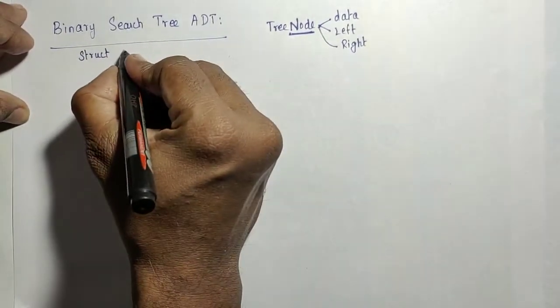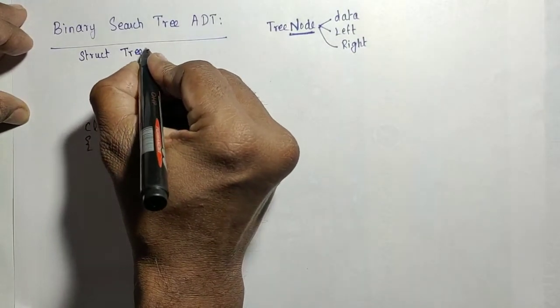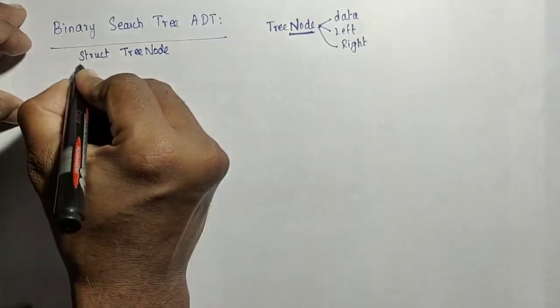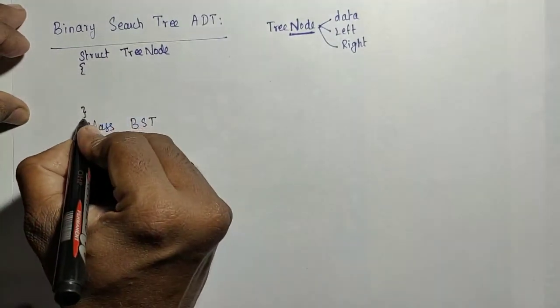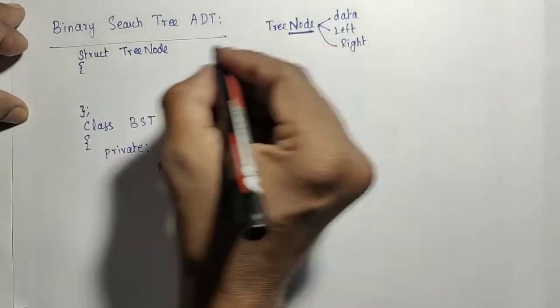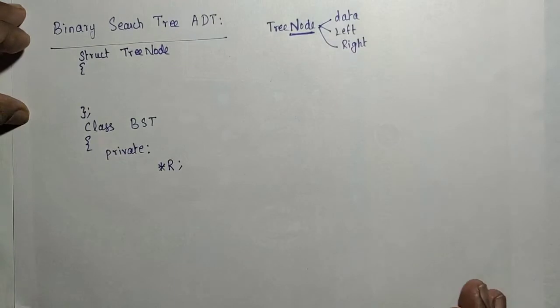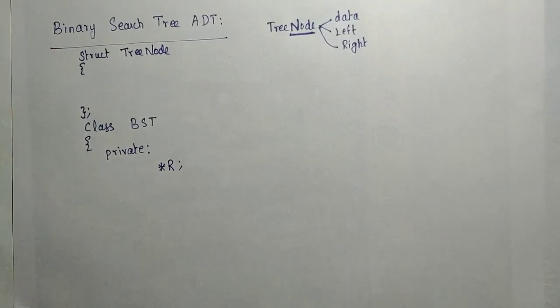So I have to create a new type called tree node, in which I need to add one data member to store the data. The type of the data is up to you, depending on which kind of data you are going to create the binary search tree for.